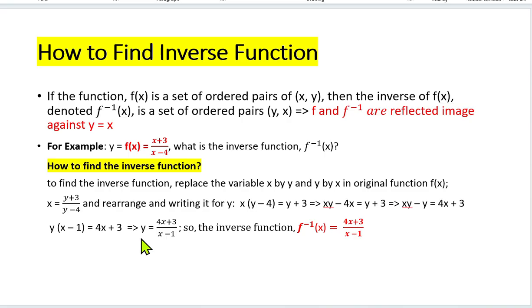And y as a function of x is the numerator 4x plus 3 divided by x minus 1. So the inverse function of (x plus 3) over (x minus 4) equals (4x plus 3) over (x minus 1). So this is how you find the inverse function.